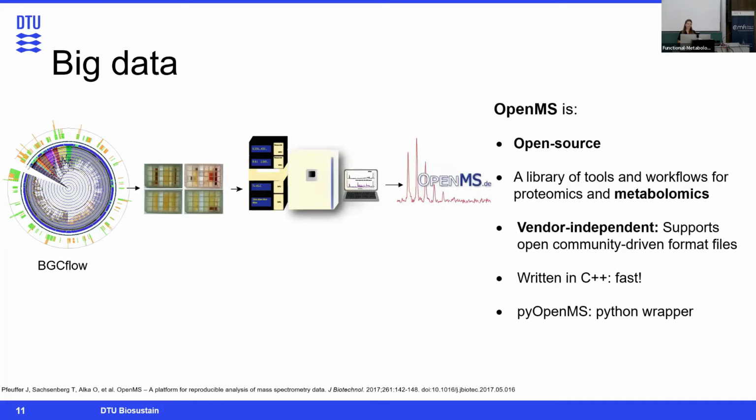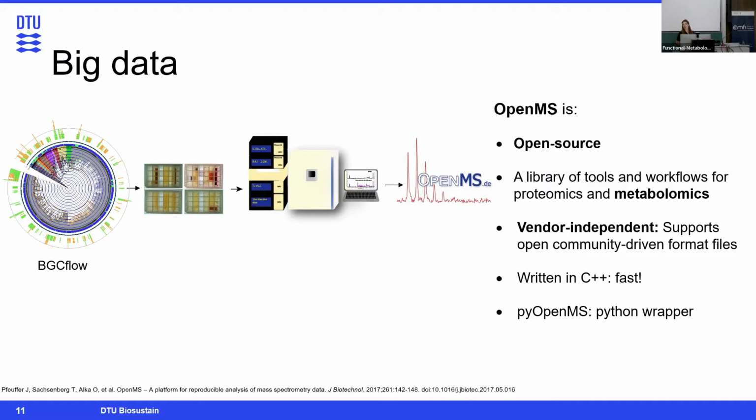And that's why I turned to OpenMS, which, as the name says, is an open source library of tools and workflows for proteomics and metabolomics. It's vendor independent, so you can use it with mzML or mzXML files, and it's written in C++, which is super fast.